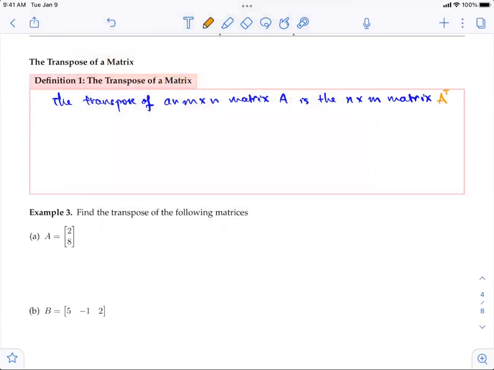The transpose of the matrix A is where you switch between the rows and columns, so the rows become the columns and the columns become the rows.